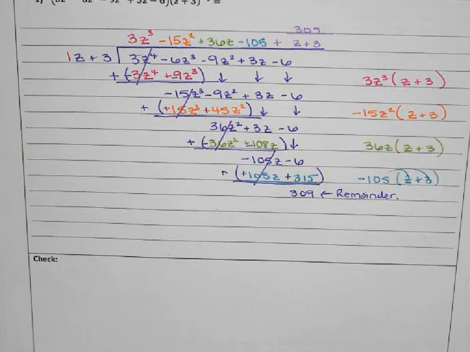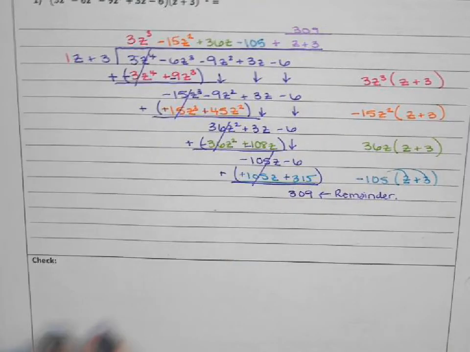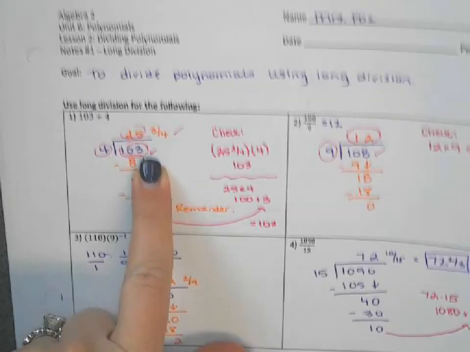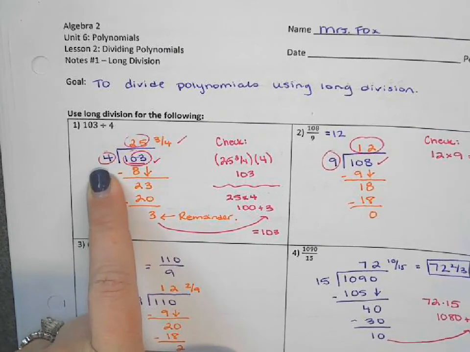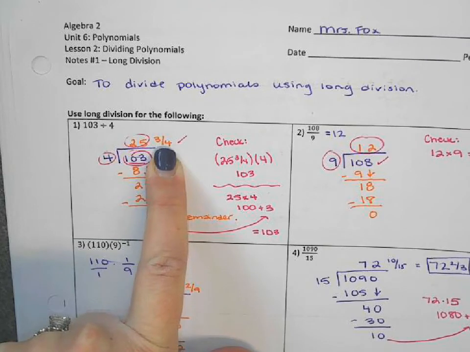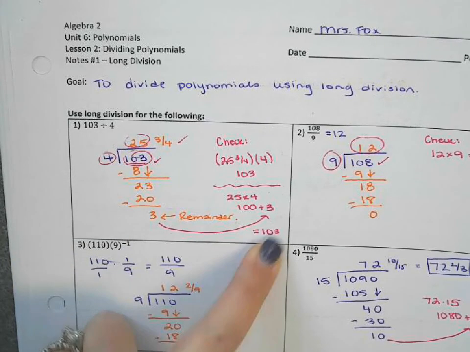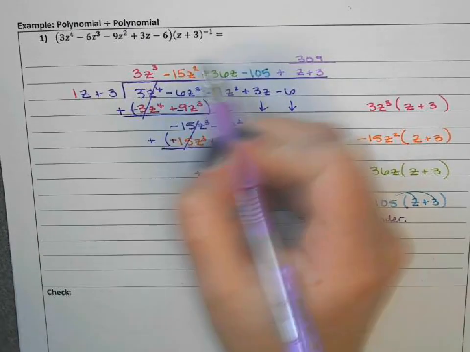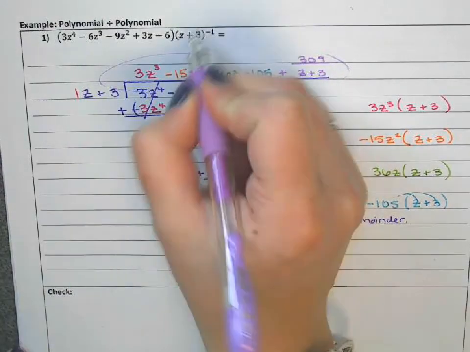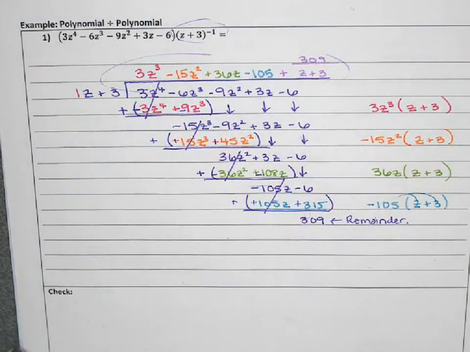Now remember, we've done the long division. When we were checking it before, so looking at this one here, okay, we took 4 and multiplied by 25 and then added in that remainder of the 3. Remember we did that? So here I'm going to take my answer, times what I divided by, then I'll add in my remainder.